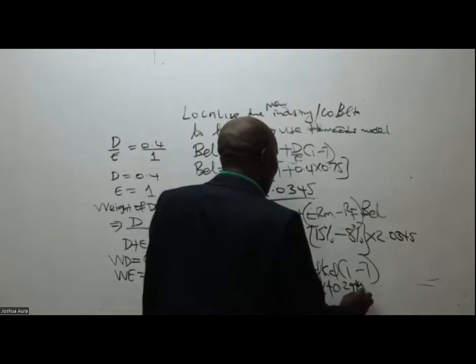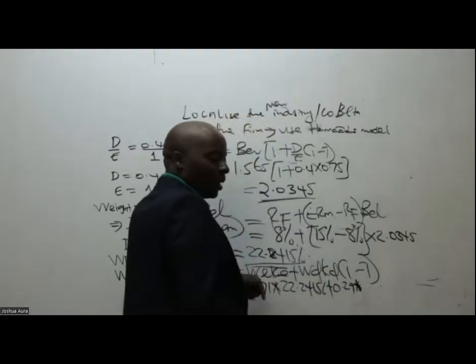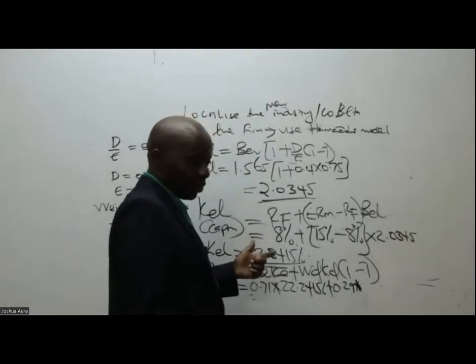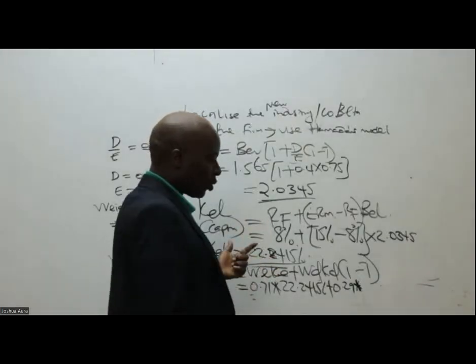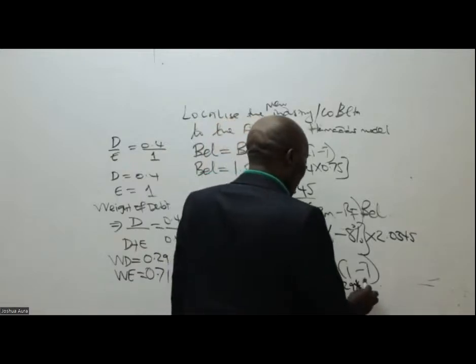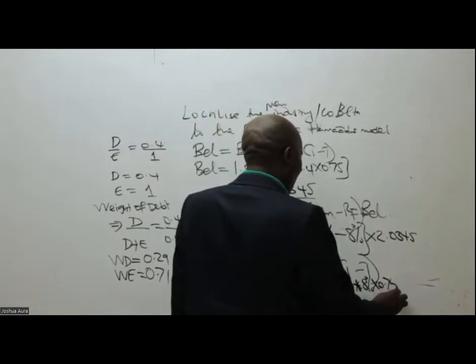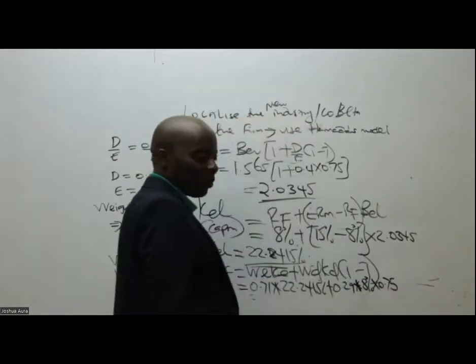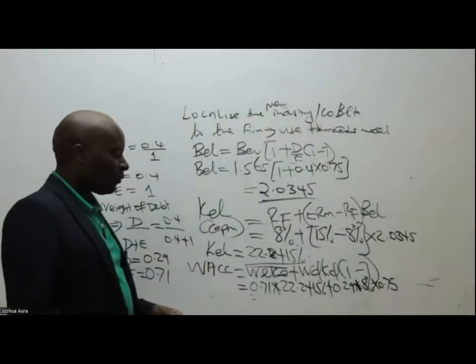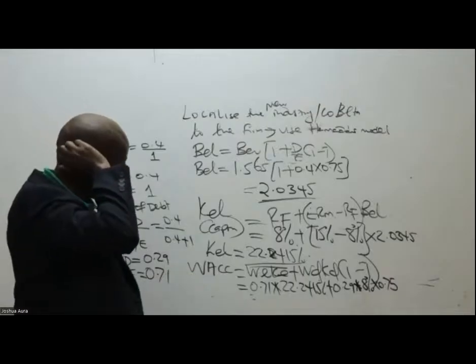Not unless you're told otherwise, cost of debt is normally risk-free because debt is secured. You must give a bank security. So it is 8%. Multiply this by 0.75.